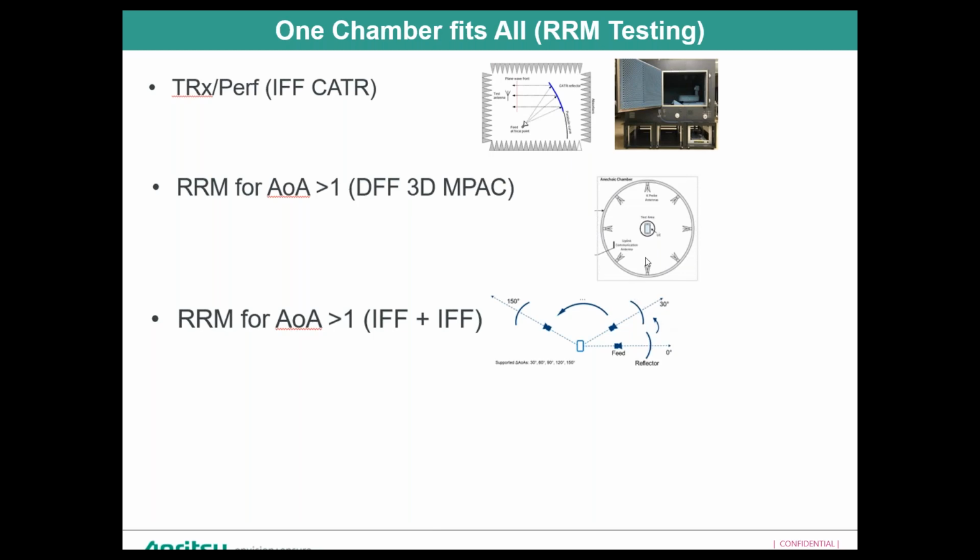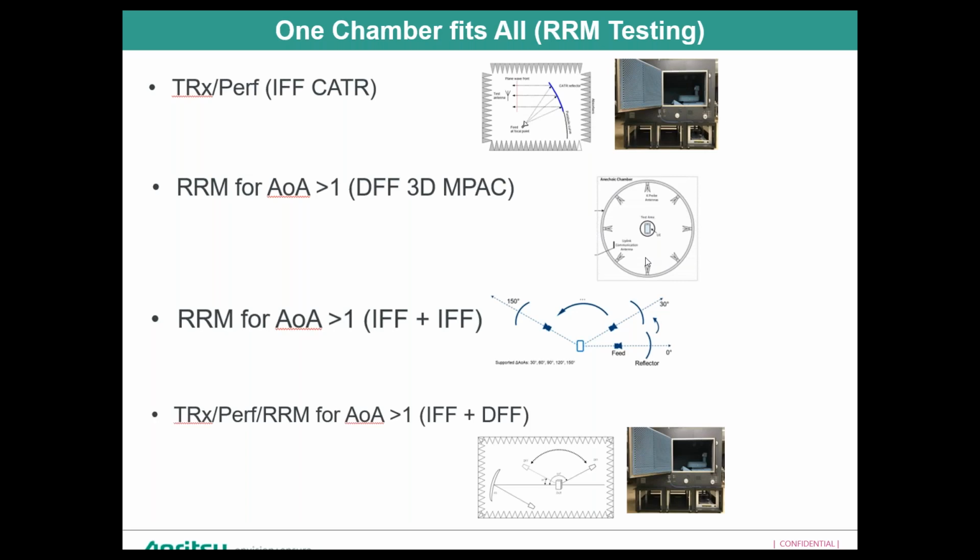That's the other option. What Anritsu has proposed is one solution, to be able to use the same CATR chamber for RRM angle of arrival greater than 1 testing as well. And how do we accomplish that? It is going to be a mixture of IFF, which is indirect far field that you see over here, as well as direct far field. You can have some antennas on top which can move with time, so you can have the right angle with this parabolic reflector.